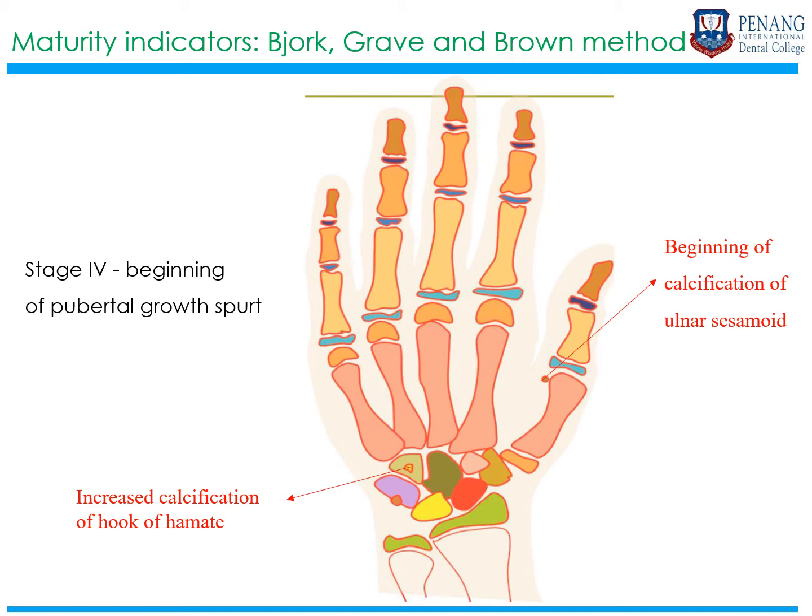Stage 4 is the beginning of the pubertal growth spurt, so you have to be wary of that. Here you will see increased calcification of the hook of the hamate, and the beginning of calcification of the ulnar sesamoid of the thumb.